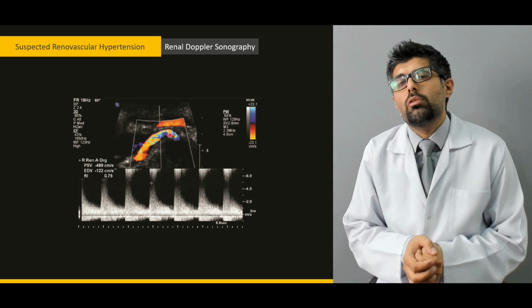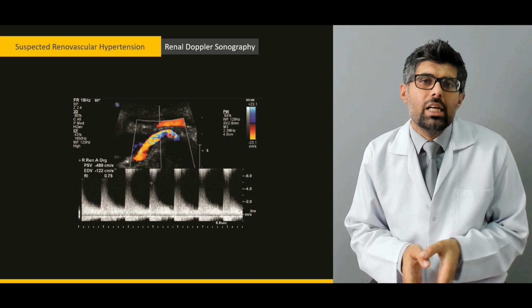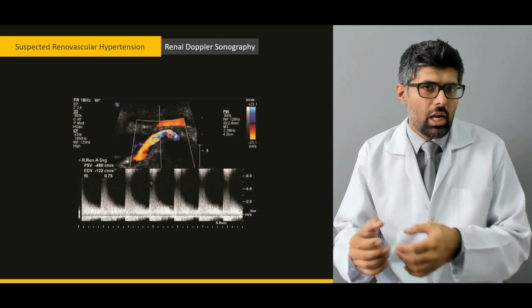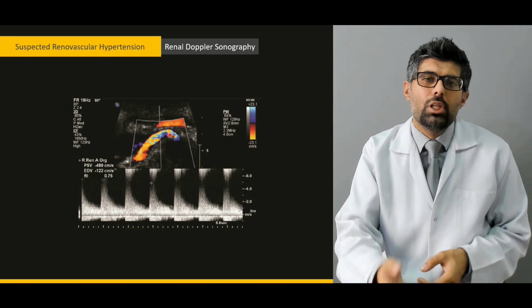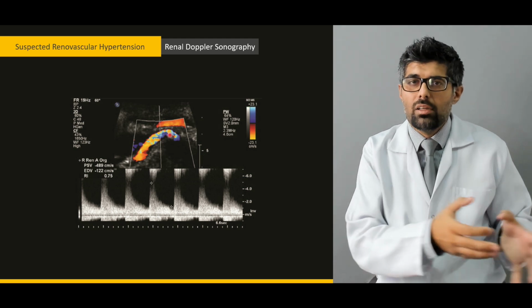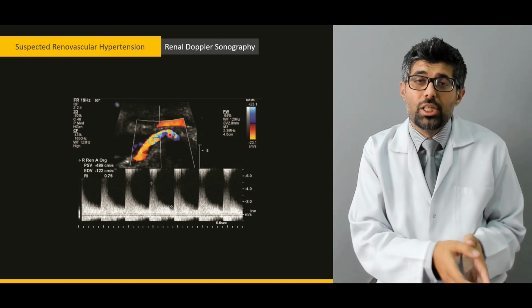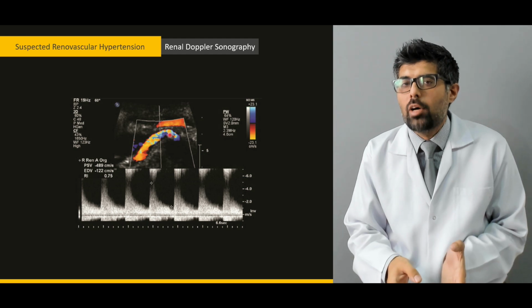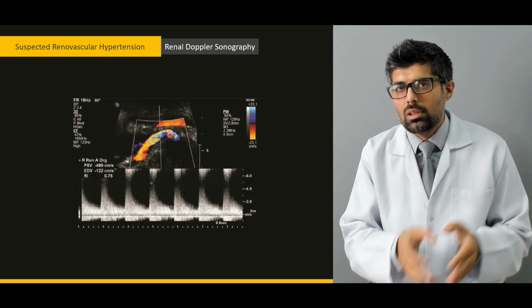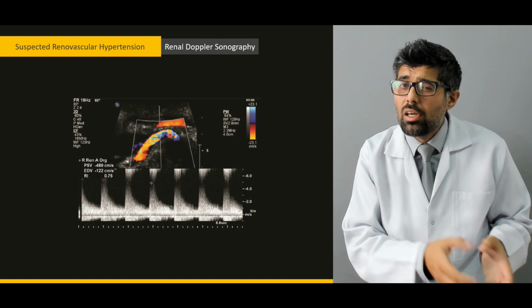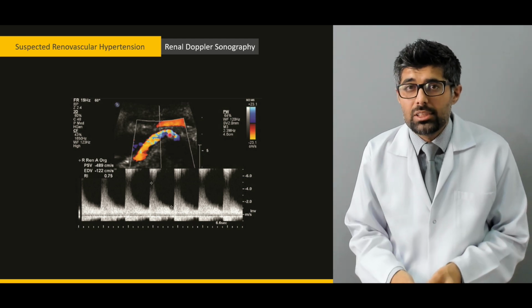If the velocity of the blood is more than 180 centimeters per second, and the ratio between the aortic velocity and the post-stenosis velocity is more than 3.5, this confirms that renal artery stenosis is present.